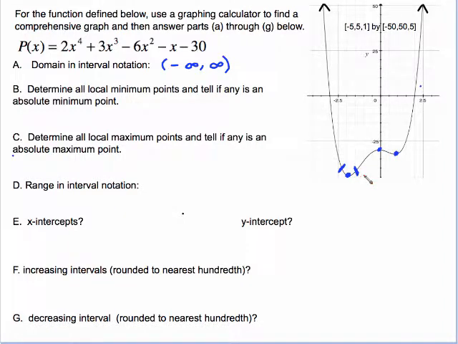And what the calculator says for me is negative 1.89, actually 1.885, but we're rounding to hundredths place, negative 1.89, comma, negative 44.28.